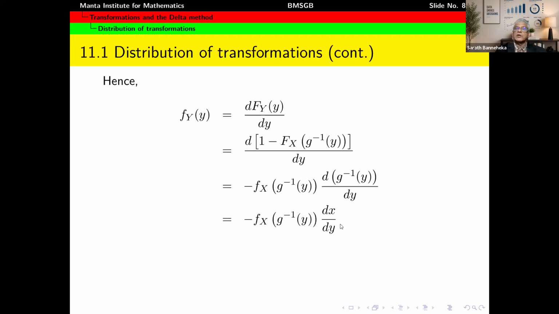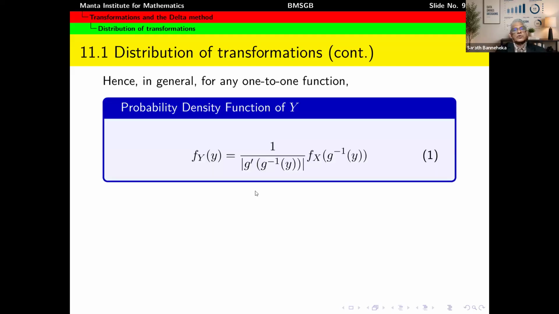So therefore, we can write down both cases using one equation like this, right? So the density function of y evaluated at simple y is equal to f of x at g inverse y times dx over dy absolute value, or the same thing you can write down as 1 over g dash of g inverse y.